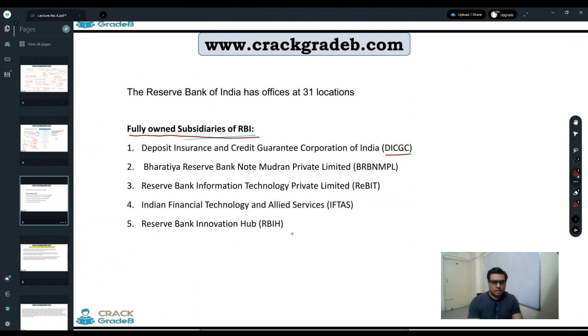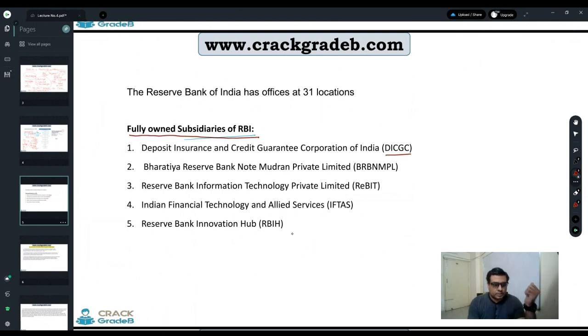These organizations are fully owned subsidiaries, meaning they are established and controlled by the Reserve Bank of India. The Deposit Insurance and Credit Guarantee Corporation is a very important organization with respect to deposits. We will discuss these organizations, then move towards the functions of the Reserve Bank of India.